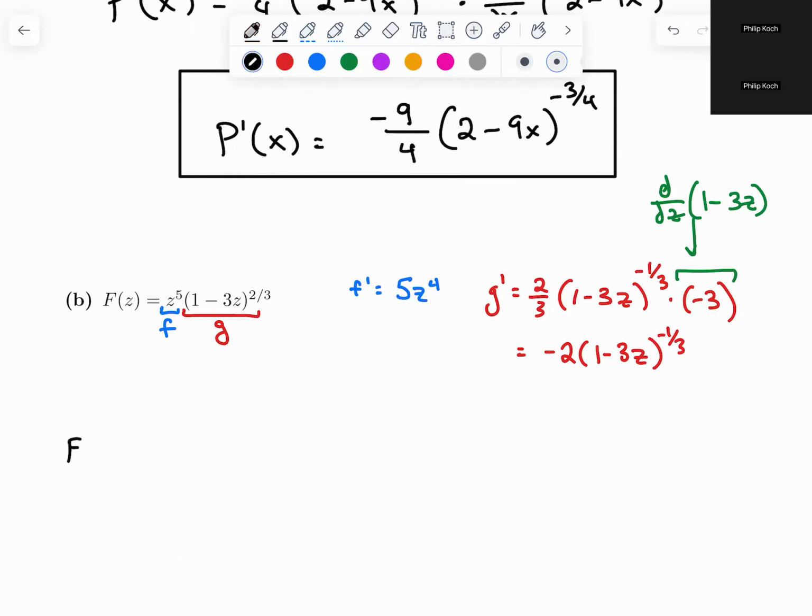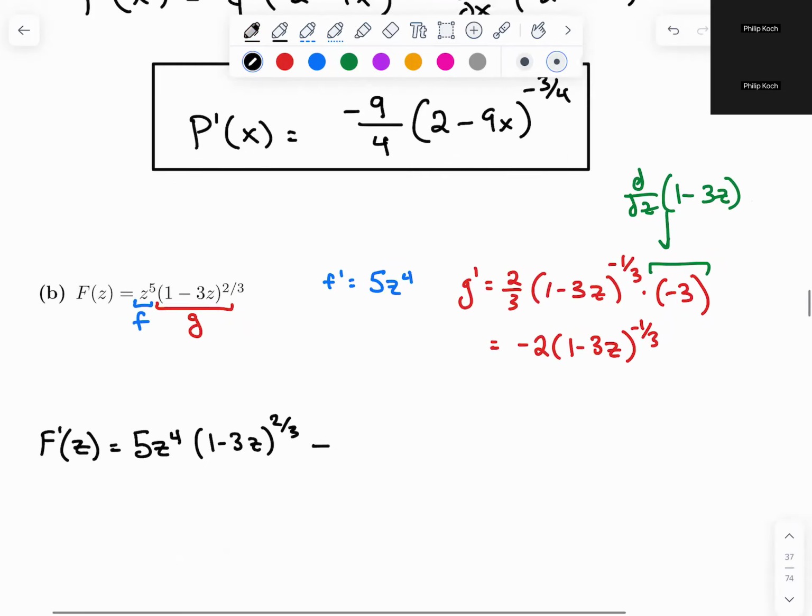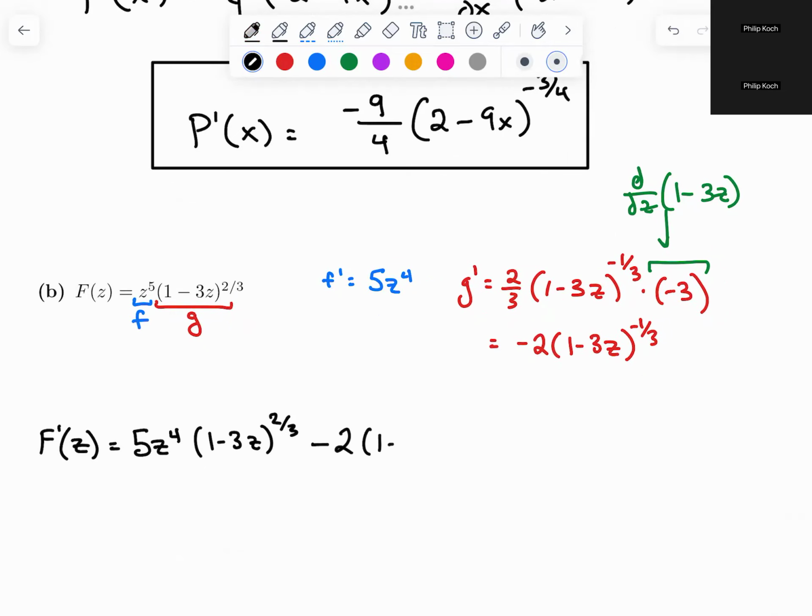So capital F prime of z is f prime, so 5z to the fourth times g, which is 1 minus 3z to the 2/3, plus g prime, but it's going to be minus, so I'm just going to switch that immediately to a minus. It's a negative 2, so I'm going to switch to a minus. G prime, so 2 times 1 minus 3z to the negative 1/3 times z to the fifth.